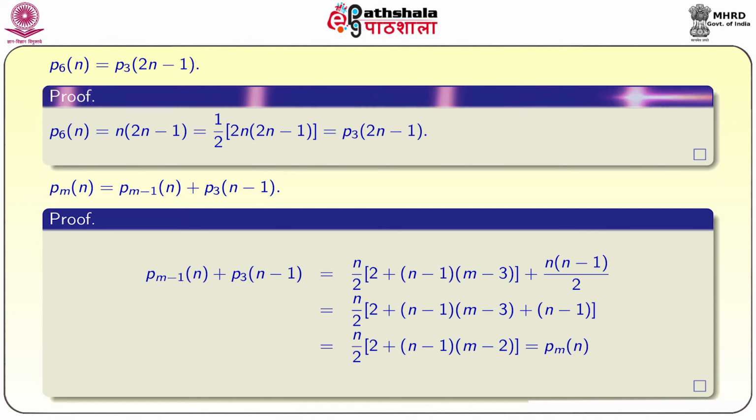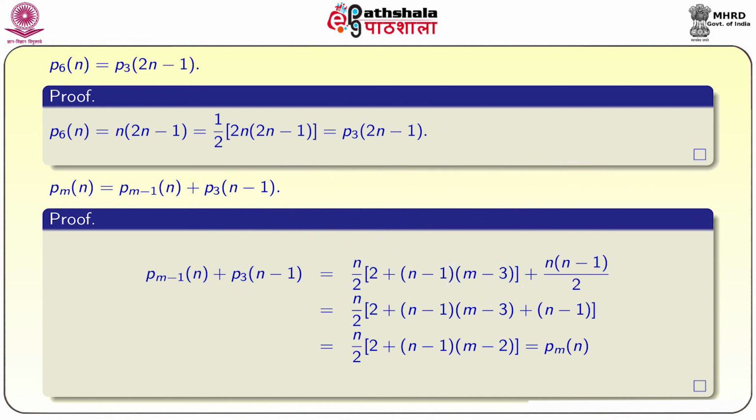Also, P6 of n is equal to P3 of 2n minus 1. The proof is straightforward, but what this result is saying is that all hexagonal numbers are in fact triangular numbers. That means the set of all hexagonal numbers is a subset of the set of all triangular numbers.